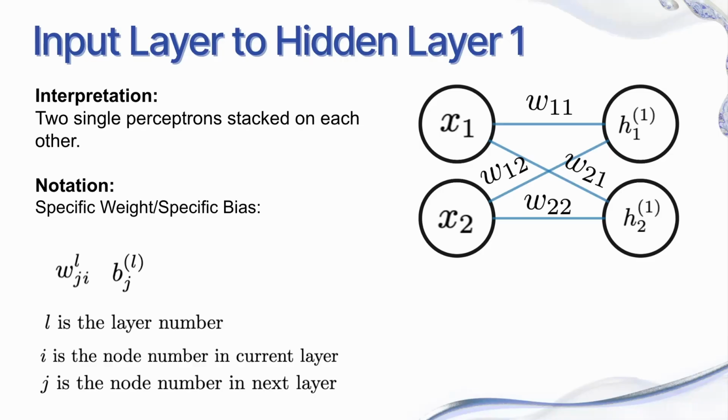It would be this W_ji with superscript L. I omitted the L, but this would be weight 1 because we're connecting to the first hidden layer. And i would be the node number in your current layer, and j would be the node number in your next layer. Okay.